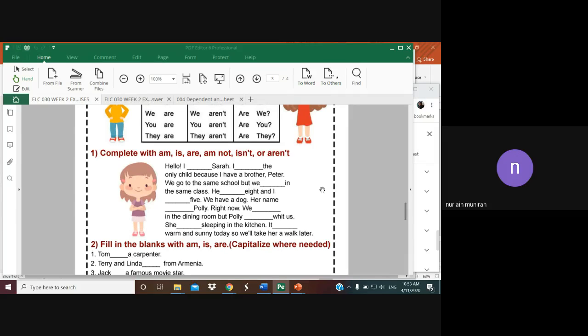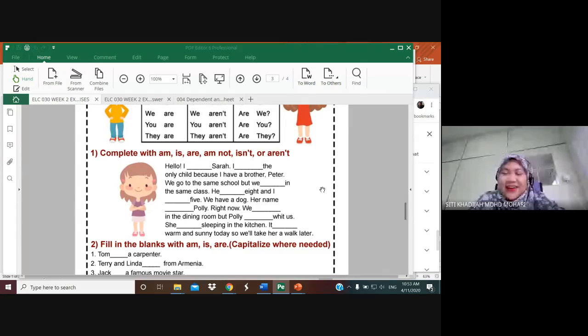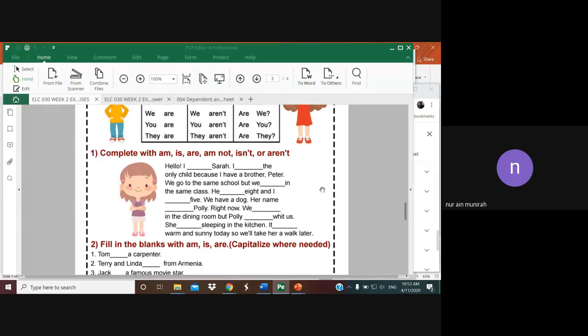Right now, we are in the dining room, but Polly is not with us. She is sleeping in the kitchen. It is warm and sunny today, so we'll take her for a walk later.